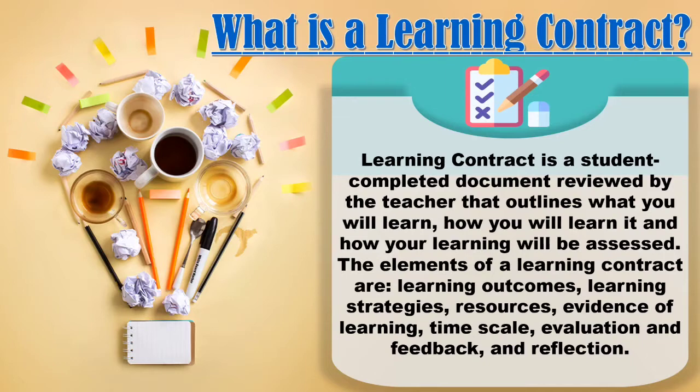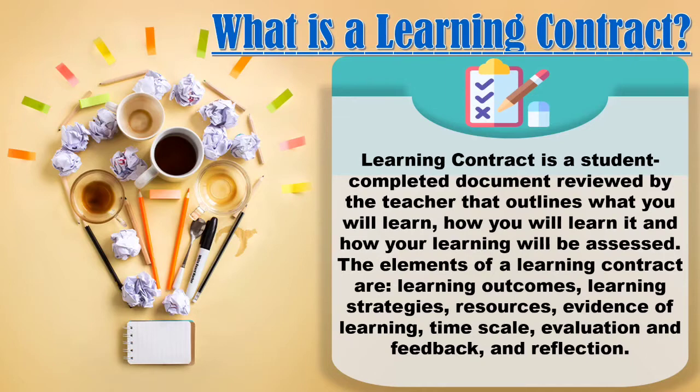The elements of a learning contract are learning outcomes, learning strategies, resources, evidence of learning, time scale, evaluation and feedback, and reflection. Therefore, a learning contract is a guide or a map or a document that consists of the key components of an independent study.